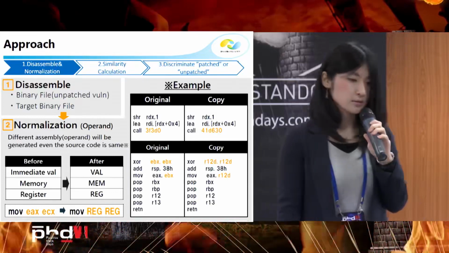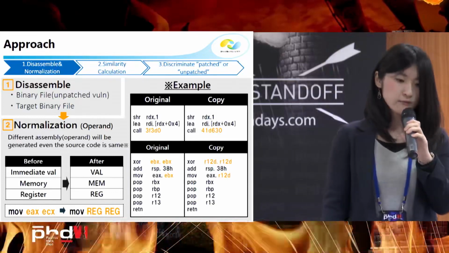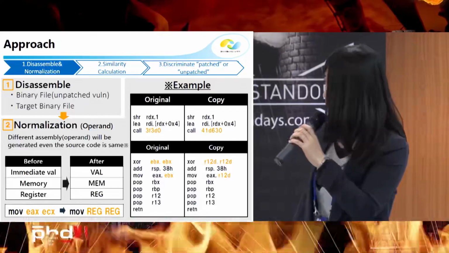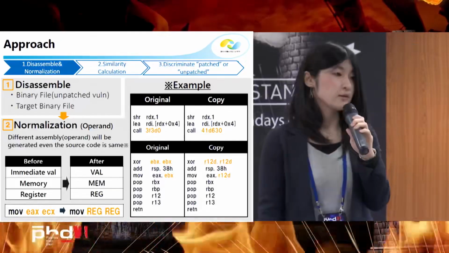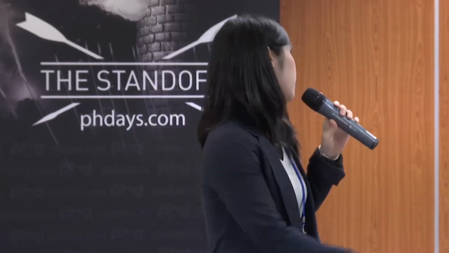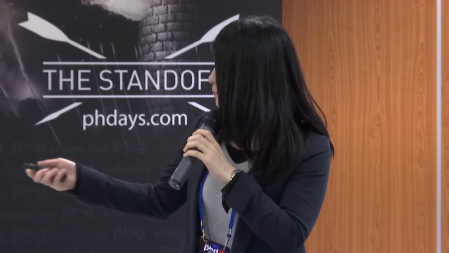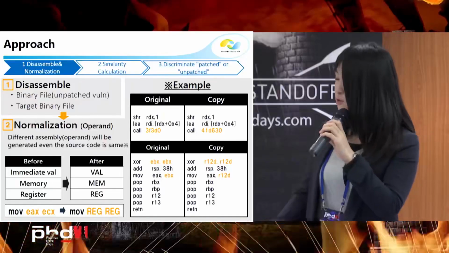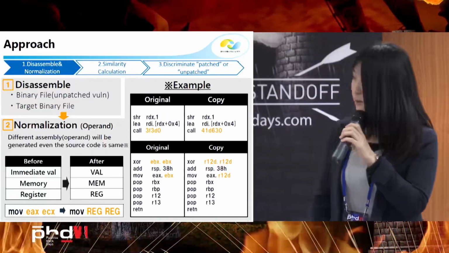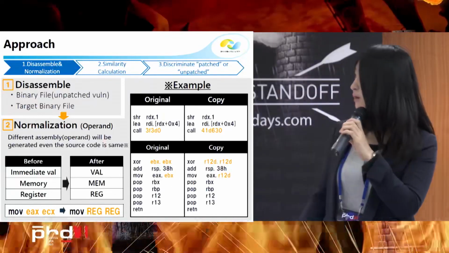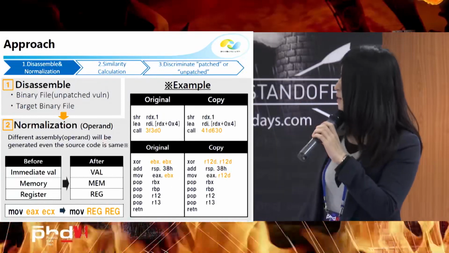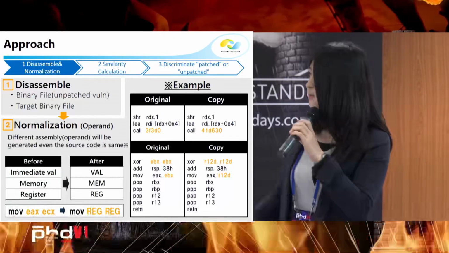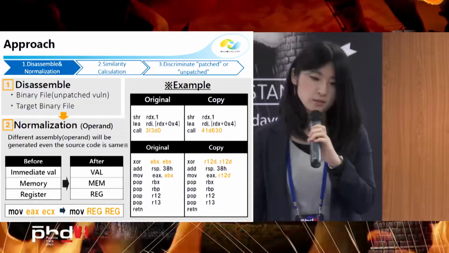Next, I want to talk about the normalization step. In some cases, different assembly, I mean different operands, will be generated even if the source code is the same. The right-hand side is an example of that. This assembly has the same source code, but when the compiler changes, sometimes the operands will be changed.